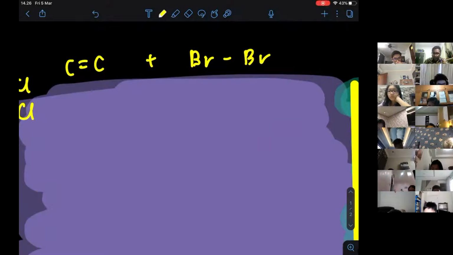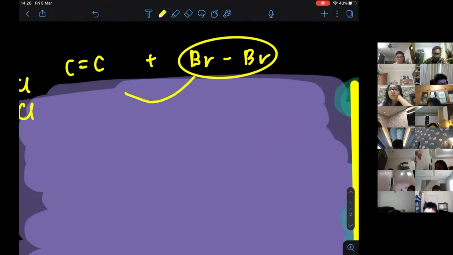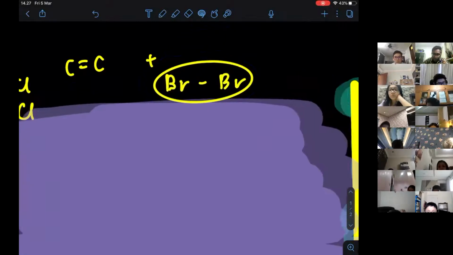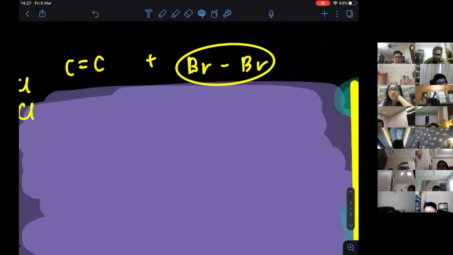The concept is that when this non-polar molecule comes closer, I'm not going to use an arrow for this one. Basically, when Br2 goes closer to the carbon-carbon double bond, the double bond has electrons and Br2 also has electrons. The electrons will repel.